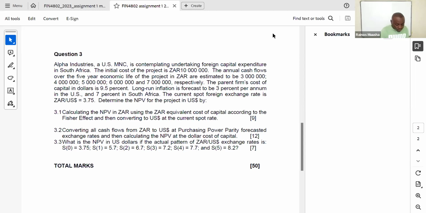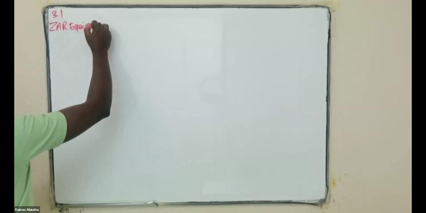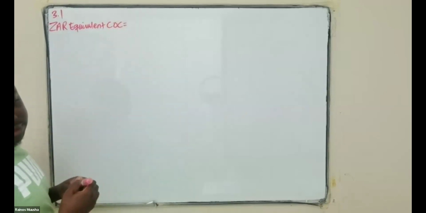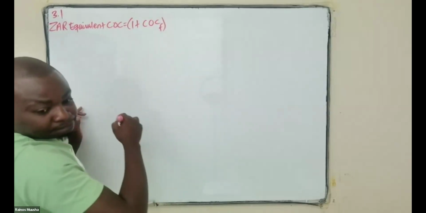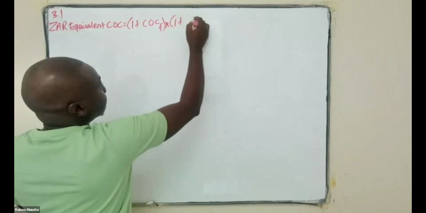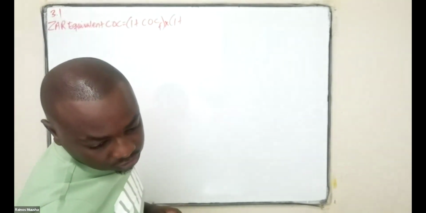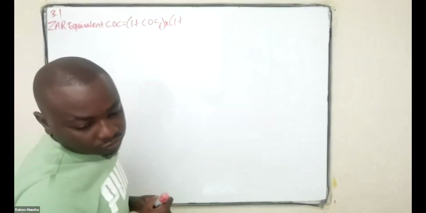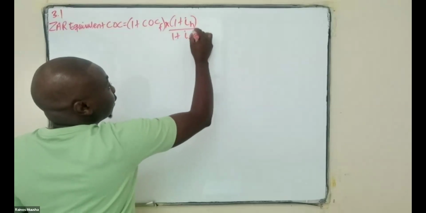So using the Fisher effect, to find the equivalent cost of capital in ZAR, we say the ZAR equivalent cost of capital is given as 1 plus the cost of capital in the foreign currency, multiplied by 1 plus the inflation rate in the home currency, divided by 1 plus the inflation rate in the foreign currency.